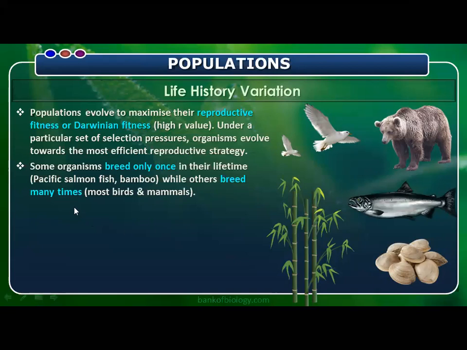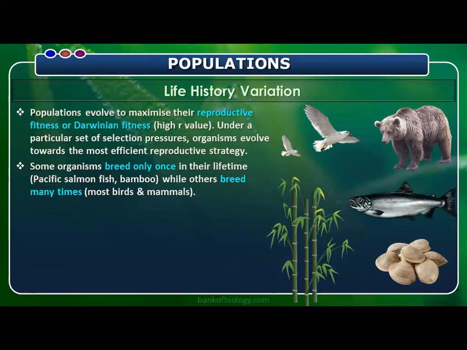These are very small sentences, but remember, these are going to be questions. Some organisms breed only once in their lifetime: Pacific salmon fish, bamboo. While others breed many times: most birds and mammals. Do remember this. Very, very important.